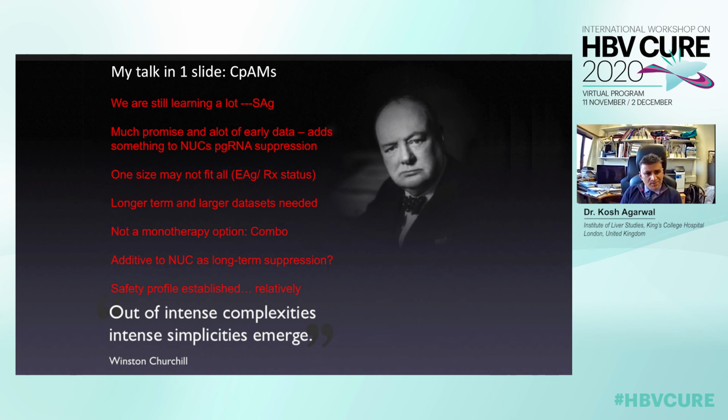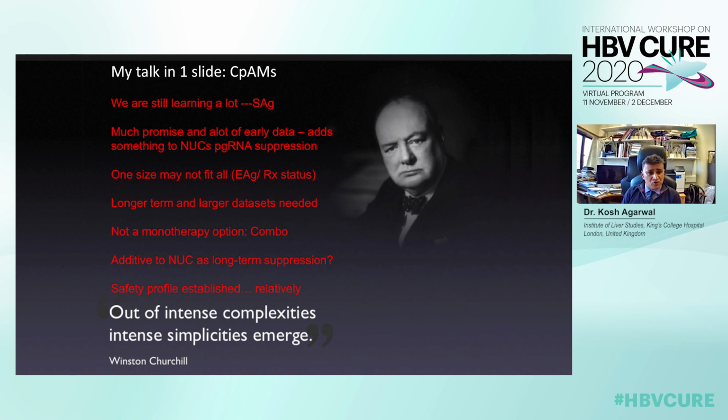So to summarize my talk and a roller coaster of 15 minutes or so on CpAMs, we are still learning a lot about this class of drug and certainly its effect on surface antigen in different types of hepatitis B. That gives us a hint that there may be modulation via an effect on cccDNA amplification, and longer term studies will give us a little bit more of a feel for what is clinically relevant.